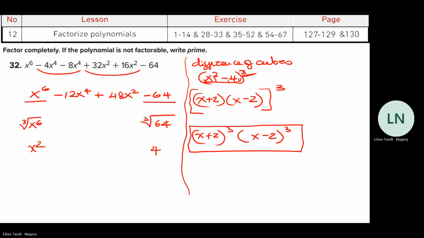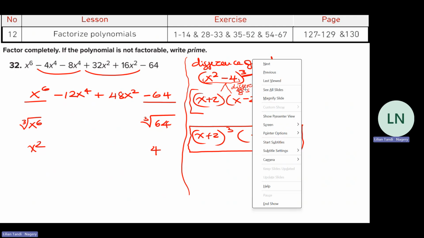Okay? So remember, this part is a difference of cubes. Difference of squares. Sorry, why am I calling it cubes? Difference of squares.